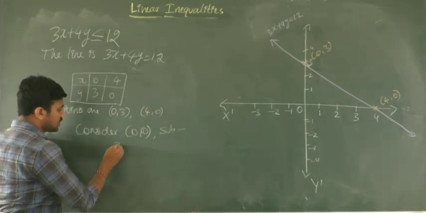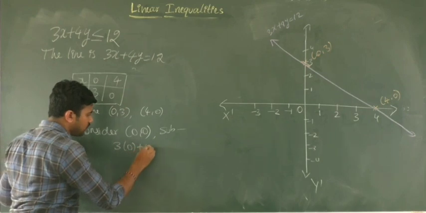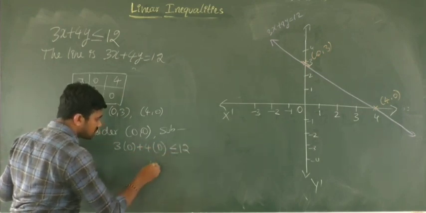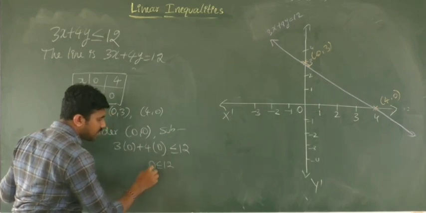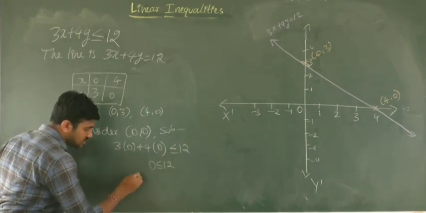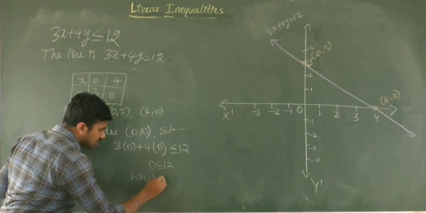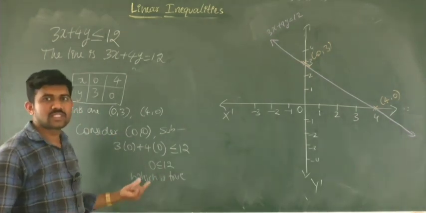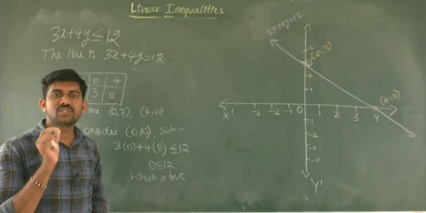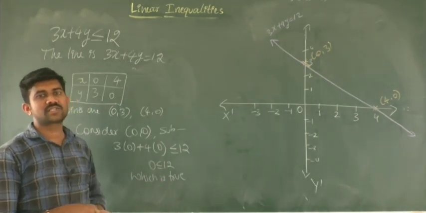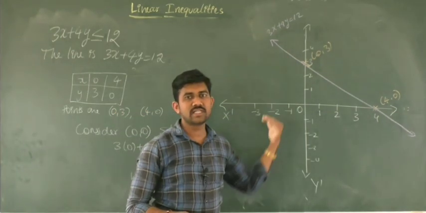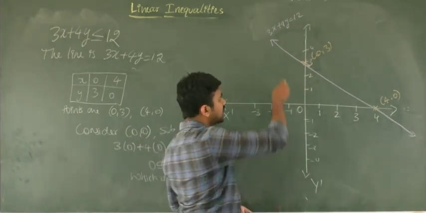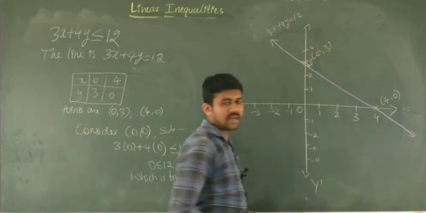What do we get? 3 into 0 plus 4 into 0 less than or equal to 12, so 0 less than or equal to 12. Is 0 less than 12? Yes. So this condition is satisfied, which is true. This means the solution region includes the origin, or the solution region is towards the origin. It comes in the lower half plane, including all the points on the line also.